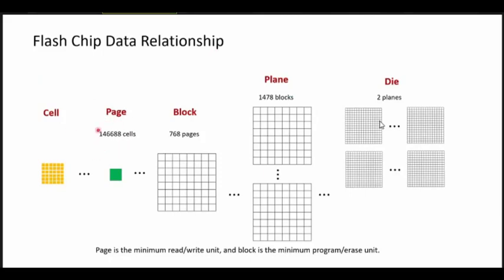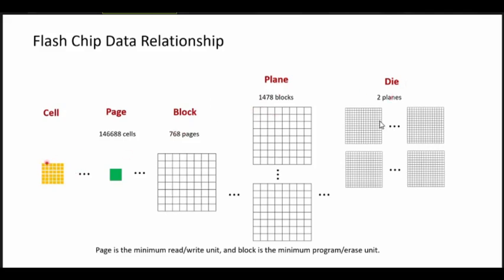A page is basically 146,688 cells in one page. 768 pages become a block, a plane consists of 1,478 blocks, and then a die consists of 2 planes.